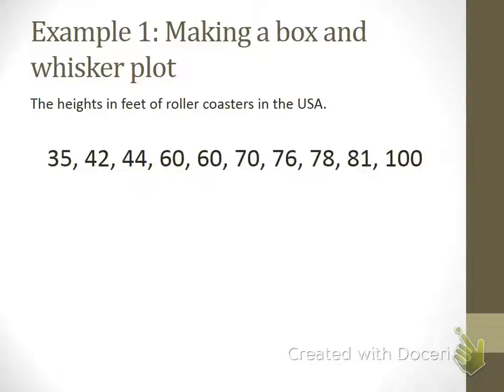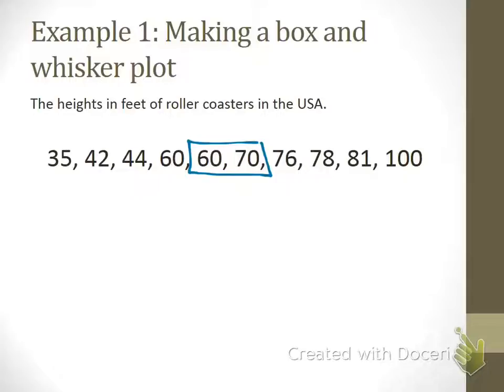Now I'm going to find the median of these numbers. I just start on the outside, making little marks underneath the numbers as I work from the outside in, and I find that my two middle numbers are 60 and 70. Are they both my median? No. What do I need to do?